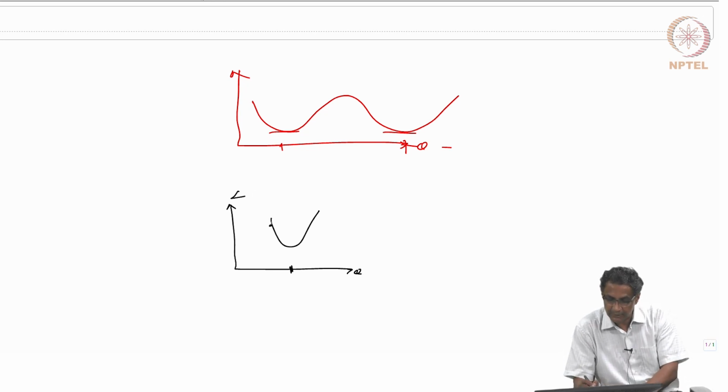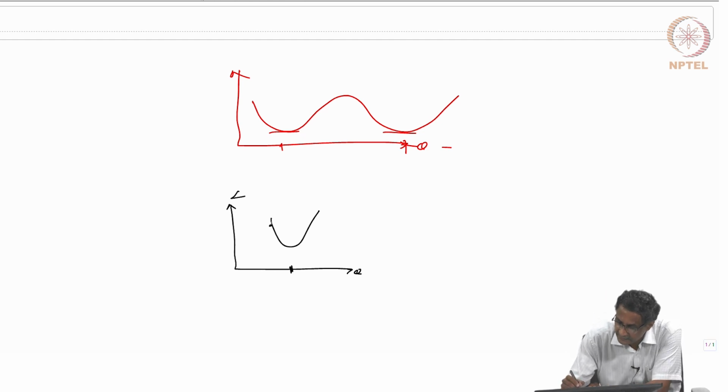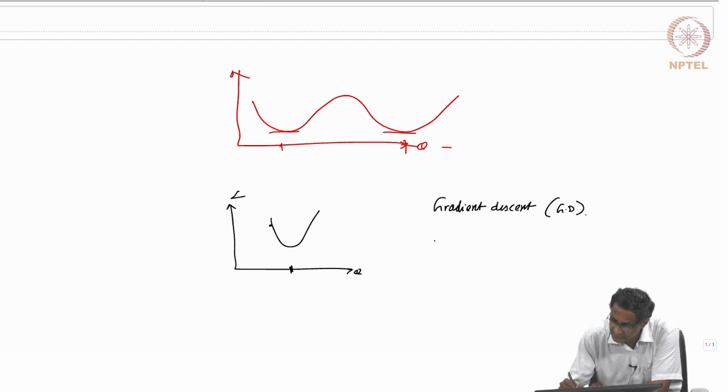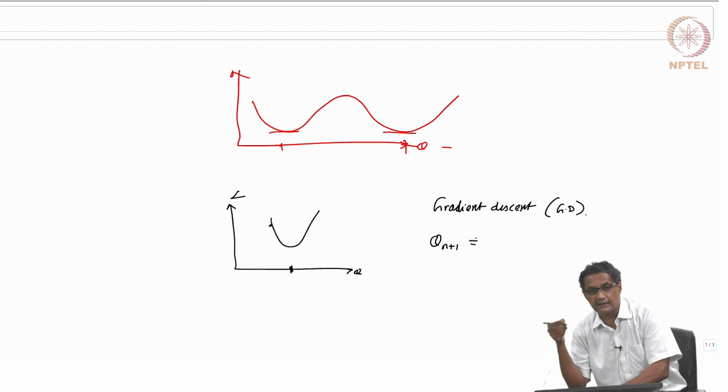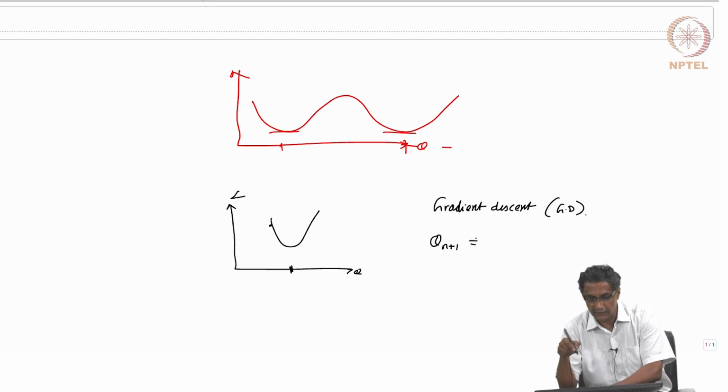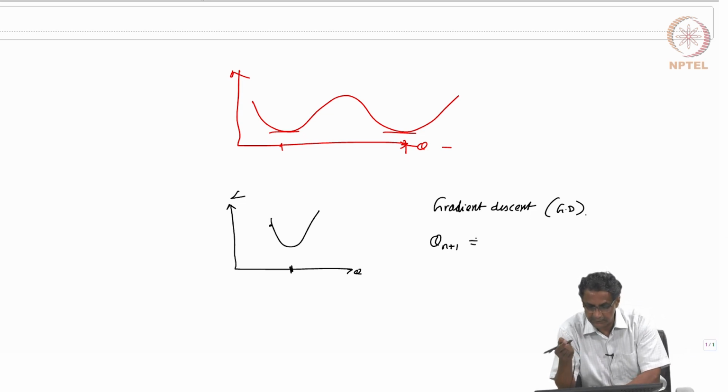If you look at the gradient descent equation, let me write that down. We will call this GD. The gradient descent equation will look like this: the n plus 1th iteration, and it's an iterative algorithm. It doesn't take you directly to the global minimum because you don't have an analytical gradient and all that.